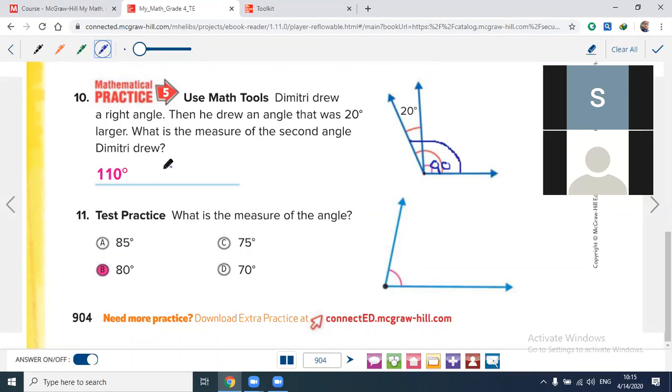So I have to add 90 plus 20, it would be 110.